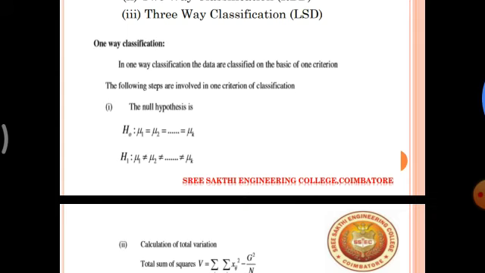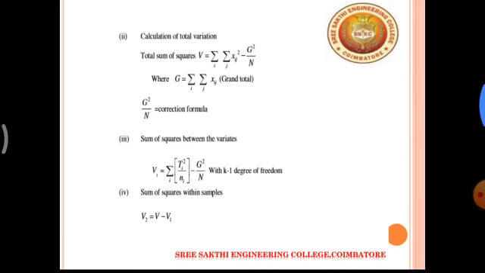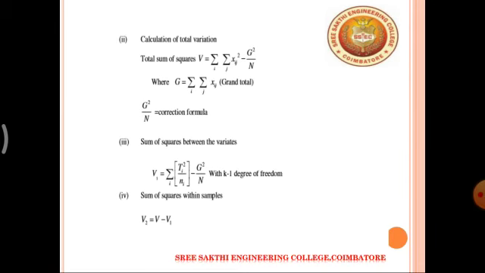The null hypothesis H0, that is the usual notation, mu1 equal to mu2. The alternative hypothesis H1, mu1 not equal to mu2. We can use up to nth term or kth term, as the usual method. Then the formula for calculation of total variance: the total sum of squares V equals summation i equal to 1 to n, summation ij equal to 1 to n, xij square minus grand total square by n.